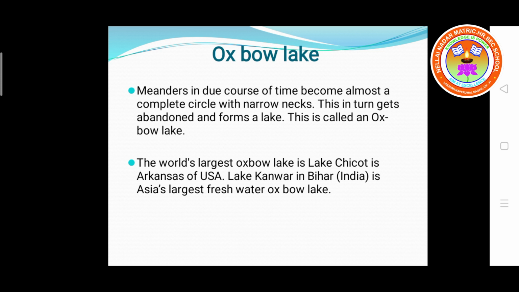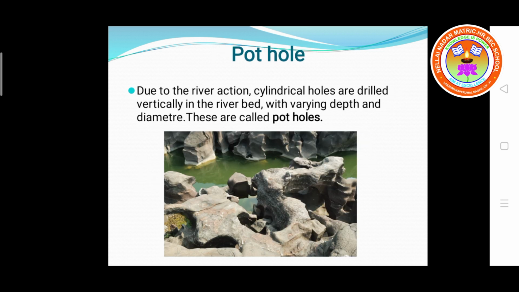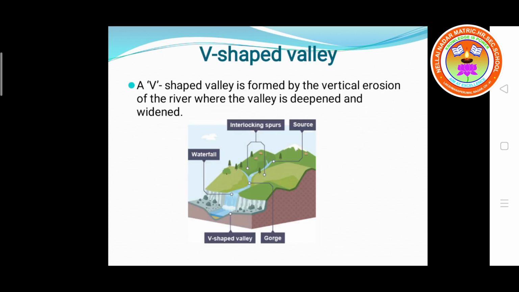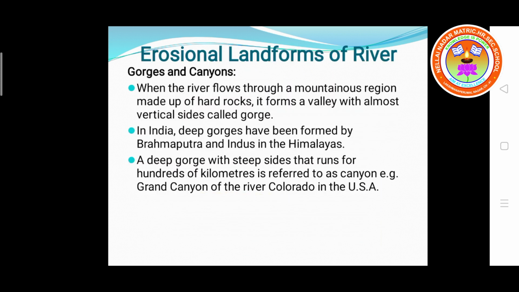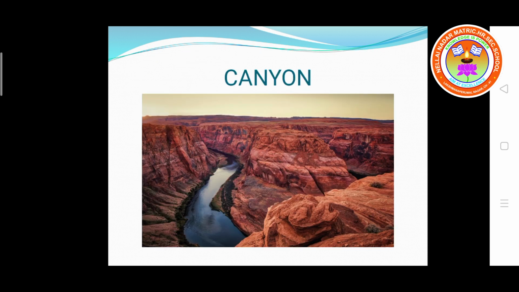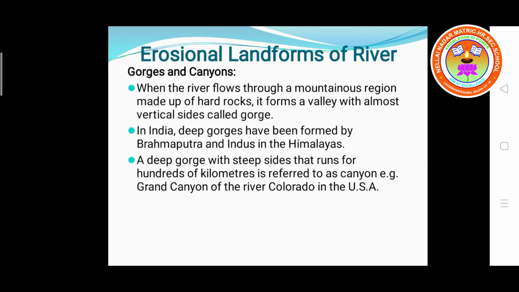So we also need to see what are called gorges and canyons. Gorges and canyons are formed because of the erosional landforms of the river. We will see what is called a gorge.